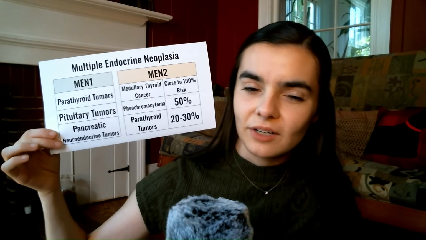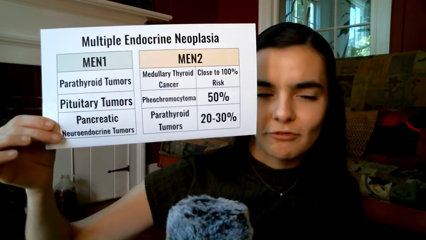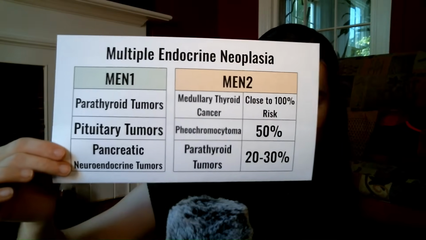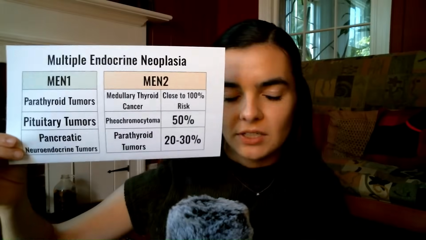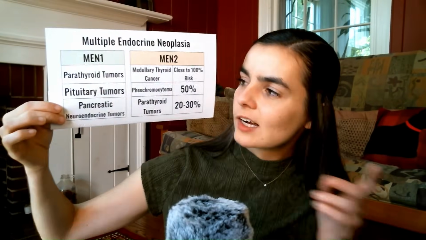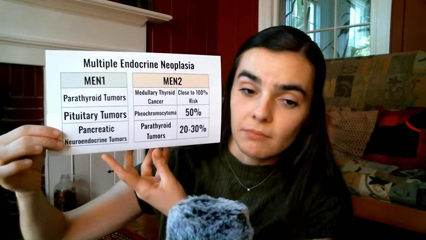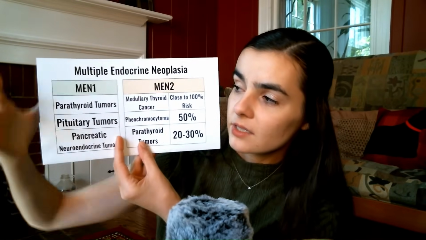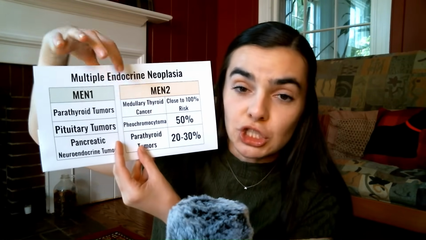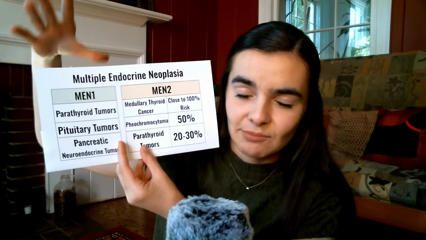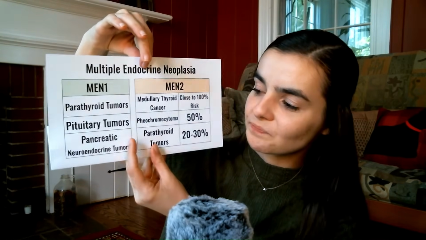I don't know. But I've only learned about types 1, 2, and 4. I'm not talking about type 4 here because it's pretty much the same as type 1. But multiple endocrine neoplasia type 1, or MEN1, is caused by the MEN1 gene. So that's pretty easy. Mutations in the MEN1 gene.